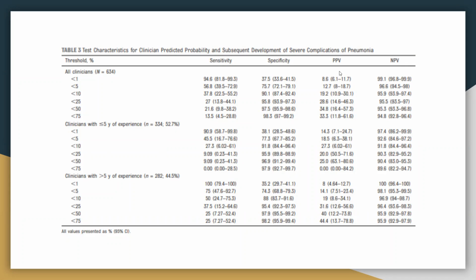And then here our friends are positive predictive value and negative predictive value, which tells you the likelihood that a positive test is truly positive, or a negative test is truly negative. So in this case, you're looking at whether or not somebody who truly had severe disease compared to the people who were predicted to, or the total people who both predicted and actually had severe disease.